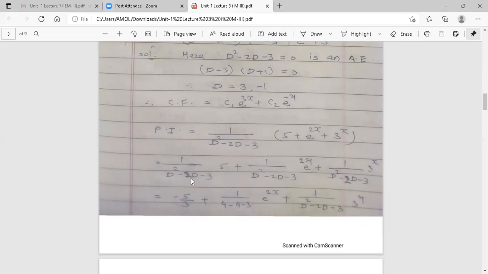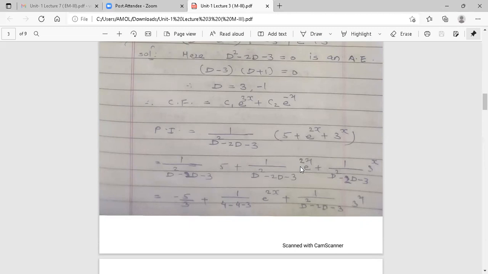Now, how to solve the first term? 5 is a constant term. So when there is a constant term, we replace d by 0. The first term is 0, the middle term is also 0, so the only non-zero term is minus 3, and this 5 as it is. So it is minus 5/3 plus.